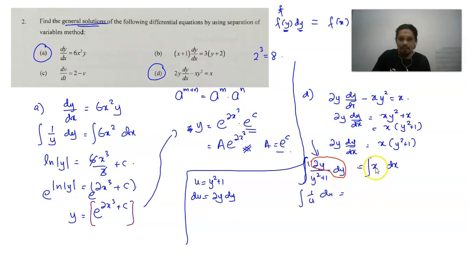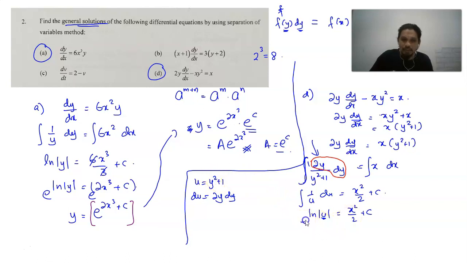The integral of x dx comes up with x squared over 2 plus c. So this one here comes up with natural log of u equals x squared over 2 plus c. And again, we come up with the constant of e on both sides. Then u, don't forget that we substitute u with y squared plus 1.